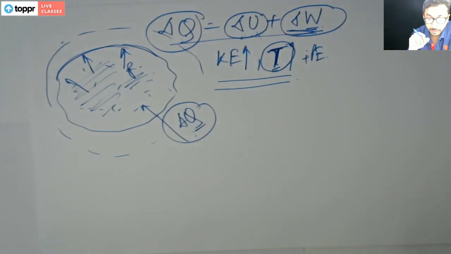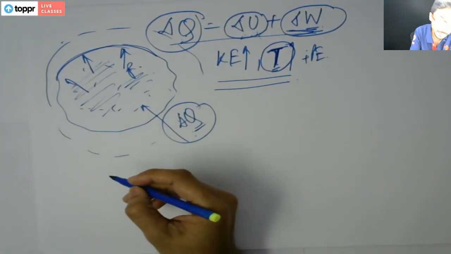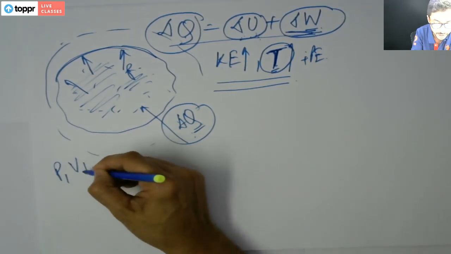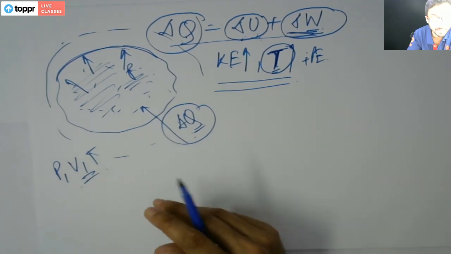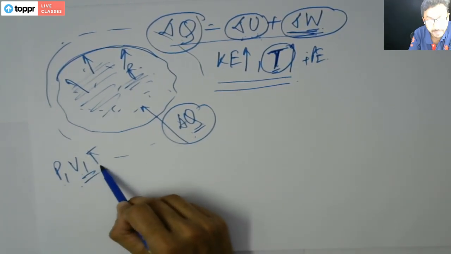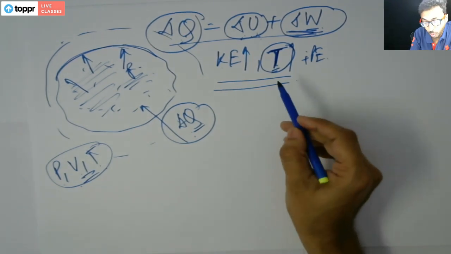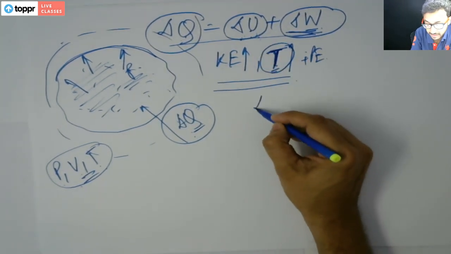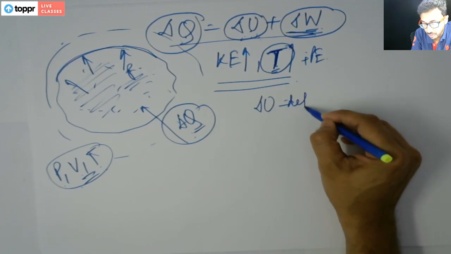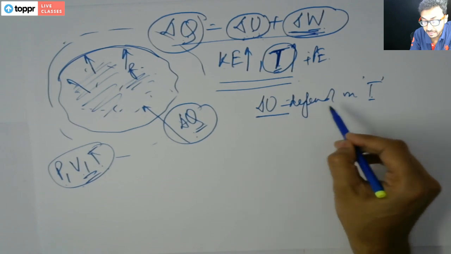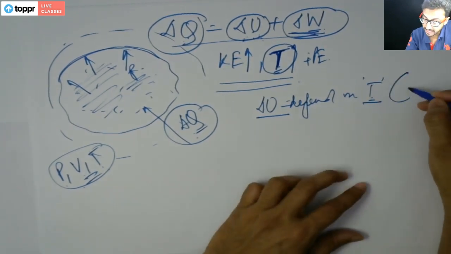Now, before coming to other things, any gas is defined by three variables. Any state of a gas: pressure, volume and temperature. These define the state. So internal energy depends on temperature, so it depends only on the state. It is a state variable.